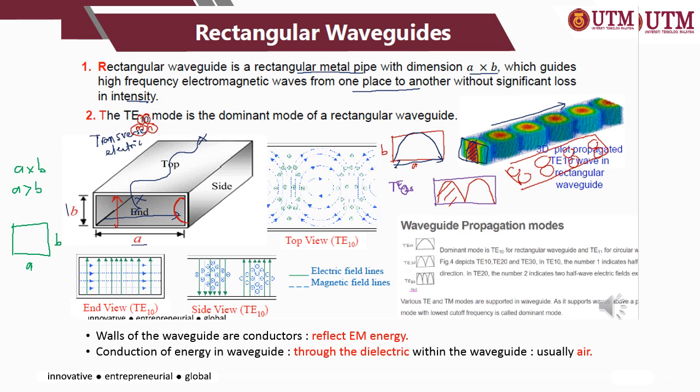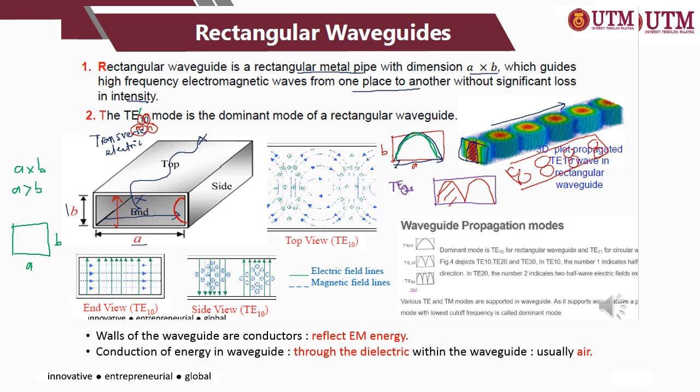Alright, so the dominant mode will be TE10, which shows that it is a transverse electric mode, in which the 1 represents only one half wavelength across the width of the structure.